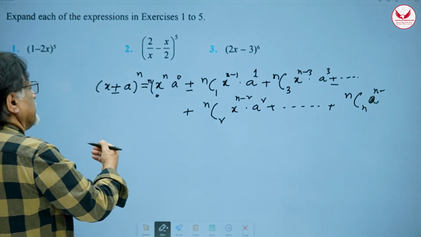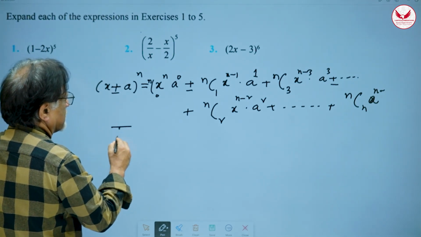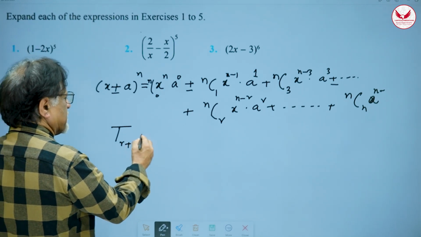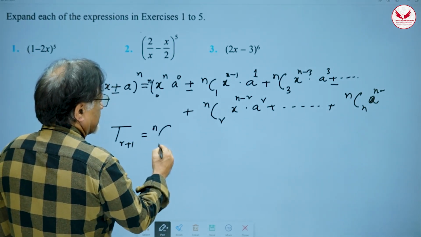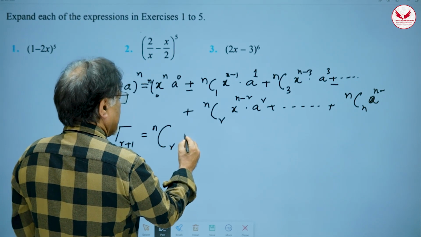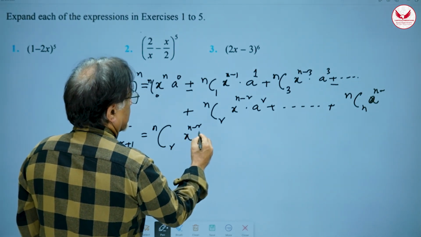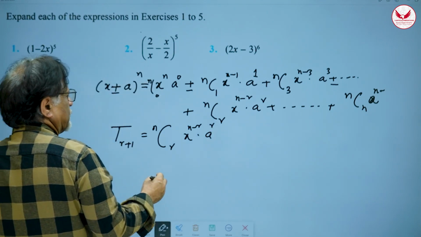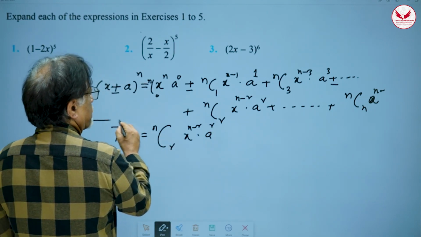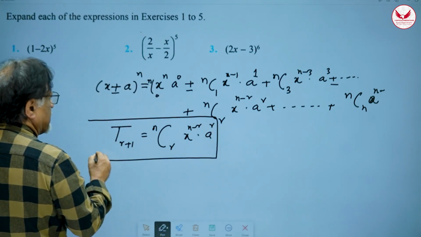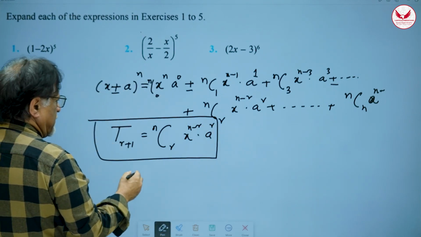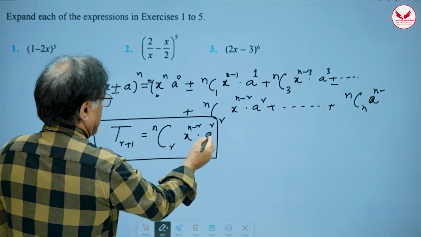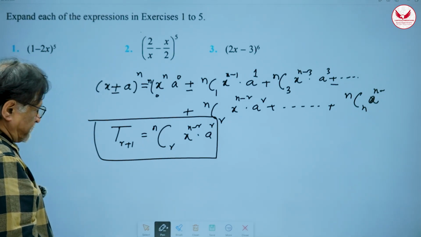Now in general, if I want to write the (r plus 1)th term of the binomial theorem, then the (r plus 1)th term is given by nCr x raised to n minus r, multiplied by a raised to r. So this is the (r plus 1)th term of the expansion of (x plus a) raised to n. If it is minus, then the only change is that it will be minus 1 raised to r.